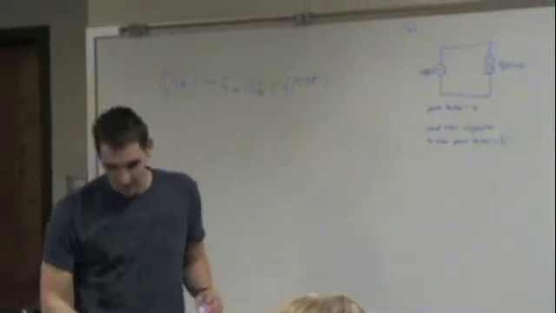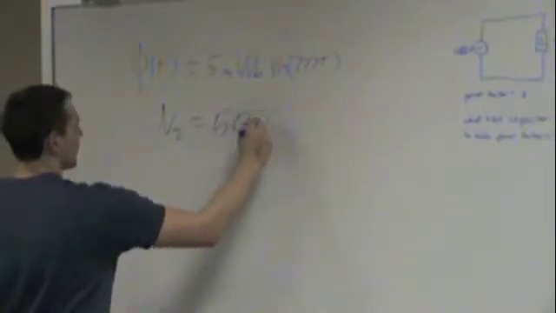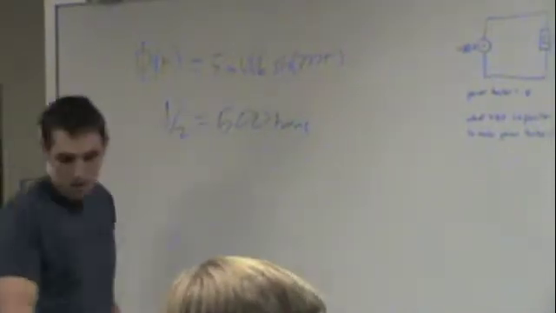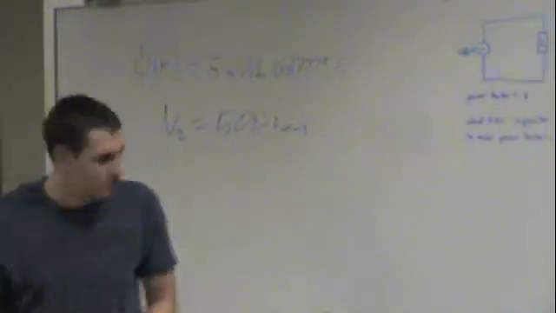Okay, so that's the flux. The secondary coil, N2, equals 500. That's 500 turns. So what is most nearly the voltage on the second coil?